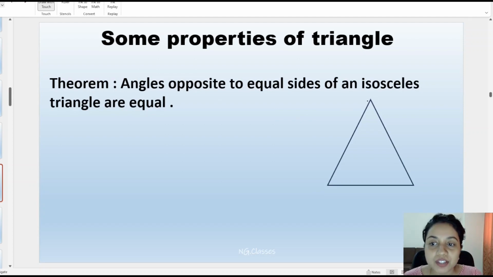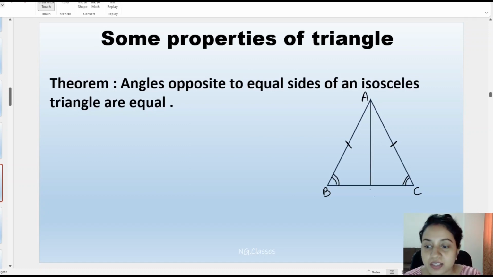Let's say we have a triangle ABC, and since the theorem says it's an isosceles triangle, let's say side AB is the same as side AC. Now here we will do one construction, and with the help of the concept of congruency, we will prove angles opposite to equal sides are also equal. That means here angle B is equal to angle C. That's what we have to prove.